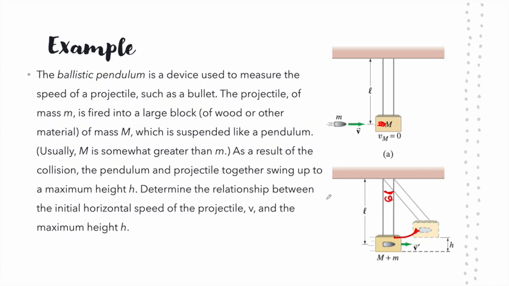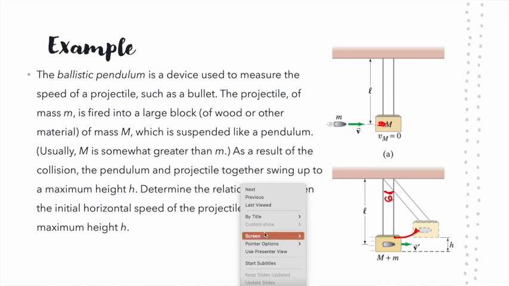So what we have here is a bullet traveling, and then it's going to hit, excuse my drawing, a pendulum, and then both the bullet and the pendulum are going to move up to a certain height, right? And this height is h. And this bullet is going to strike the block at a certain velocity.